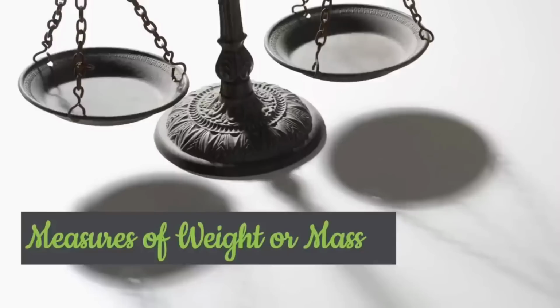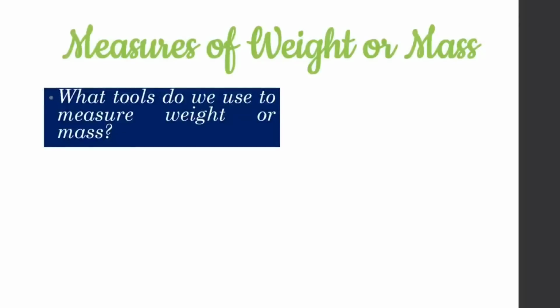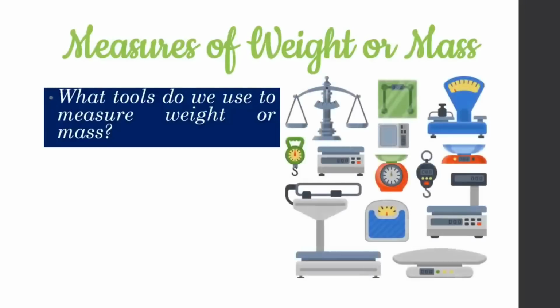This time, we move on to measures of weight or mass. Can you identify some tools that we use in measuring weight or mass? All right. So in this figure, we can see different types of weighing scales and balances which we could use to measure weight or mass.